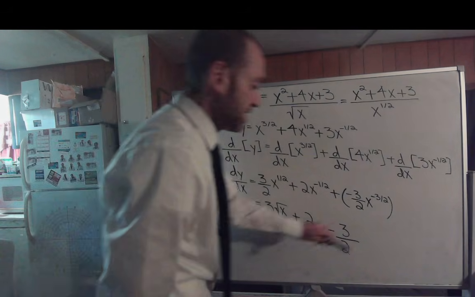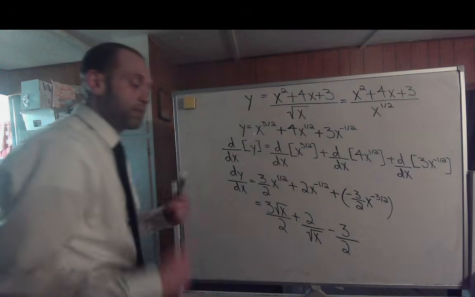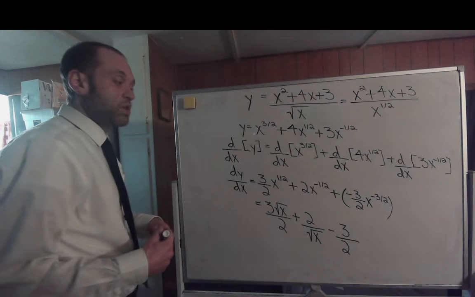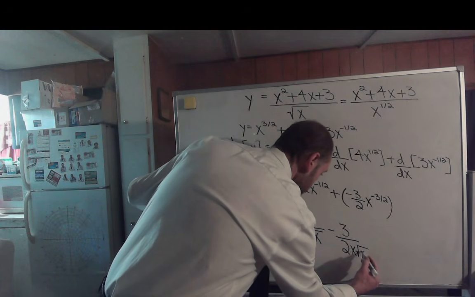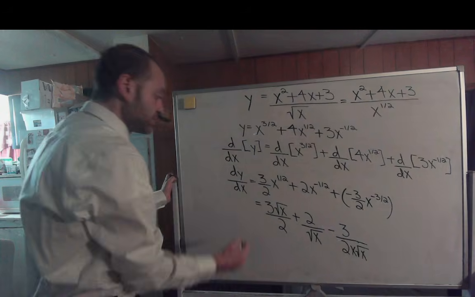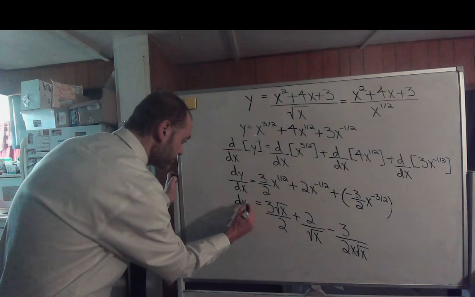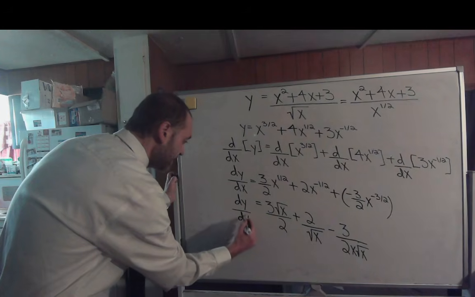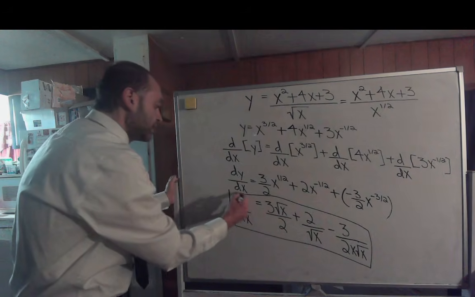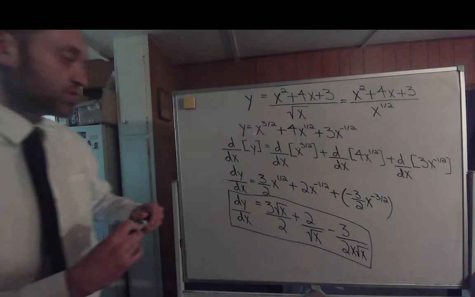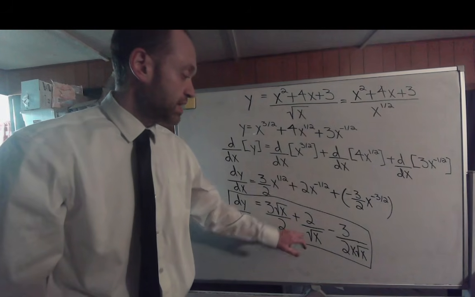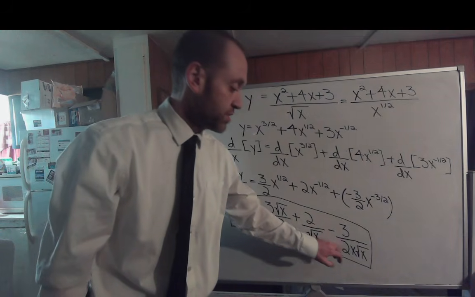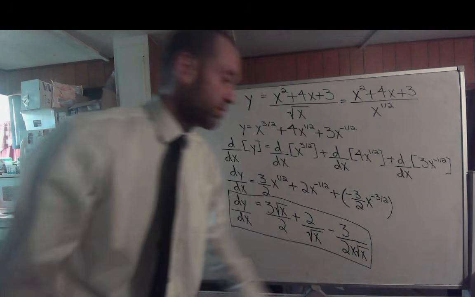That would be negative 3 over 2x to the positive 3 halves, which is really the same as x times the square root of x. So in this case, your derivative, dy dx, is going to end up equaling 3 times the square root of x over 2 plus 2 over the square root of x minus 3 over 2x times the square root of x.